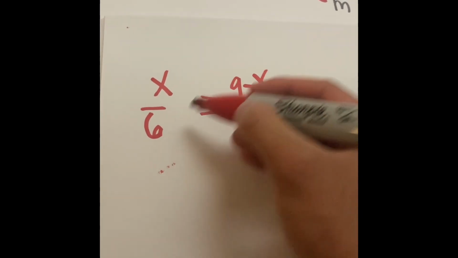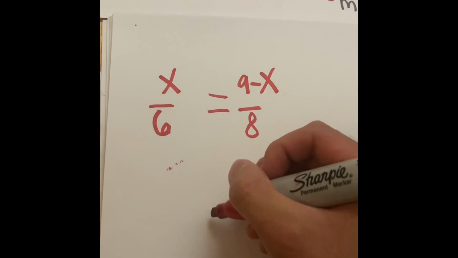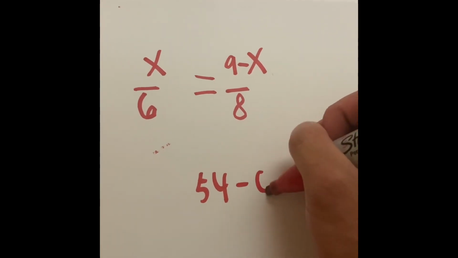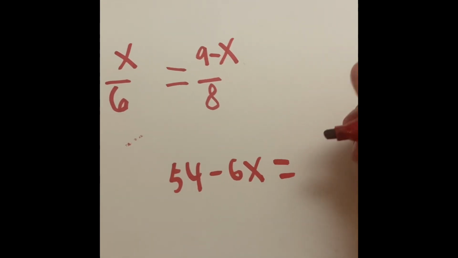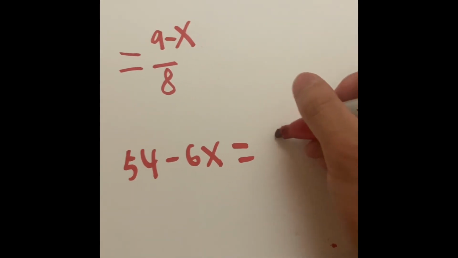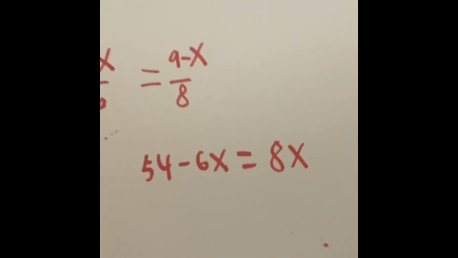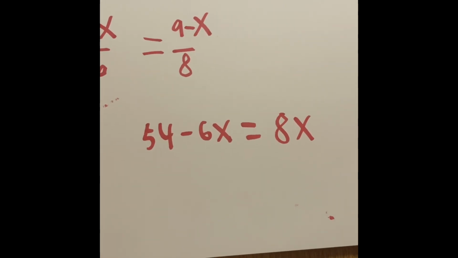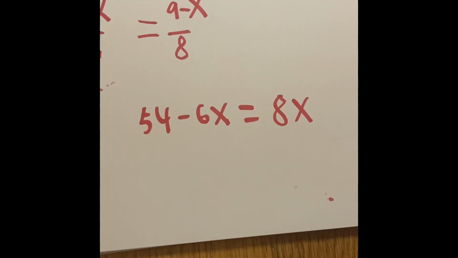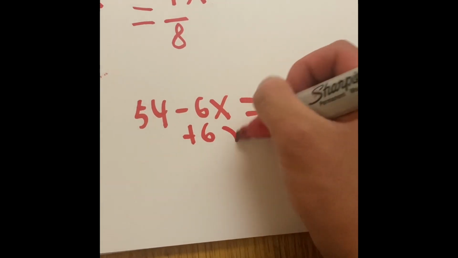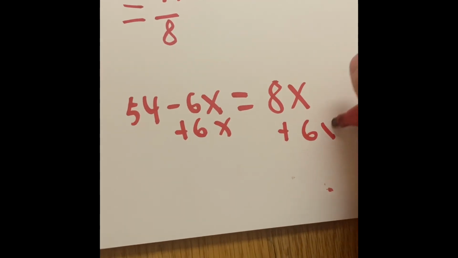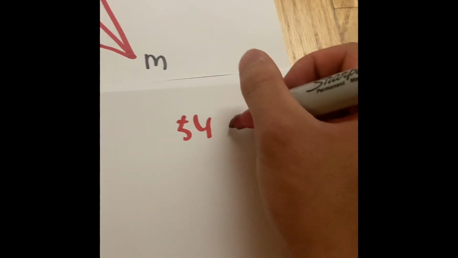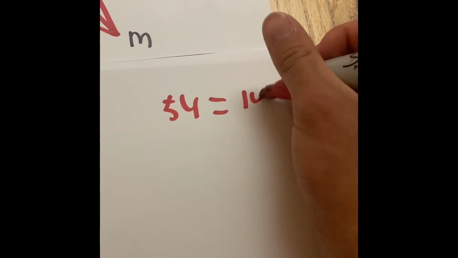6 times 9 is 54, and 6 times negative X is negative 6X. And we have 8X. Now we have the same parts, but in a different form. What we can do now is work to get what X is. If we add 6X to both sides, we get 54 equals 14X.